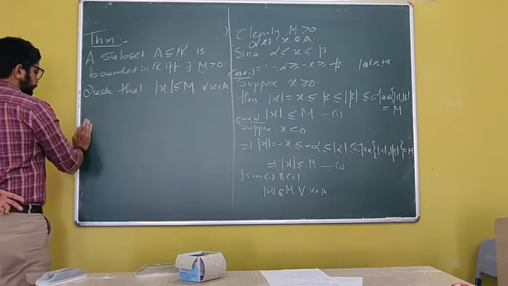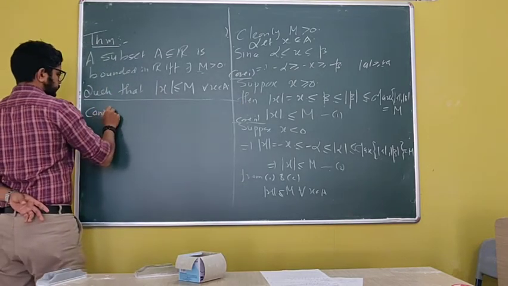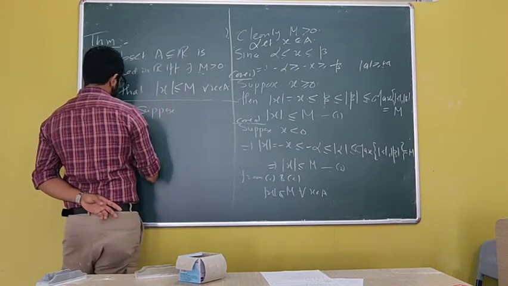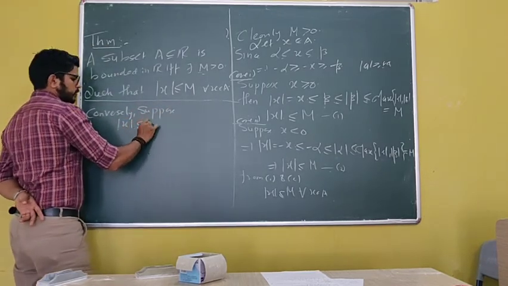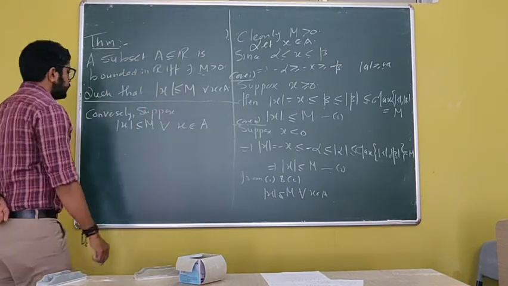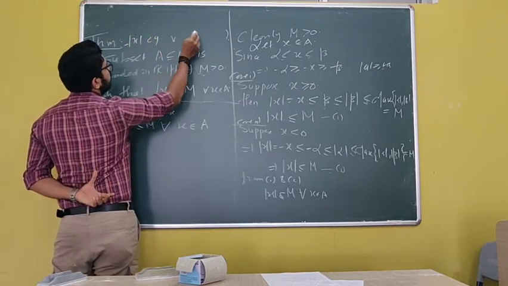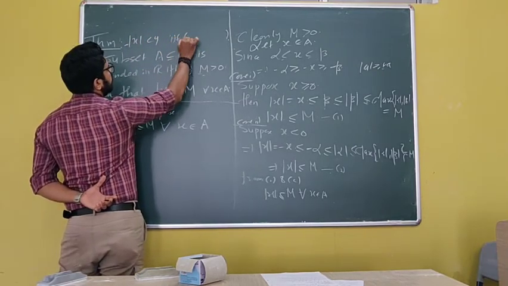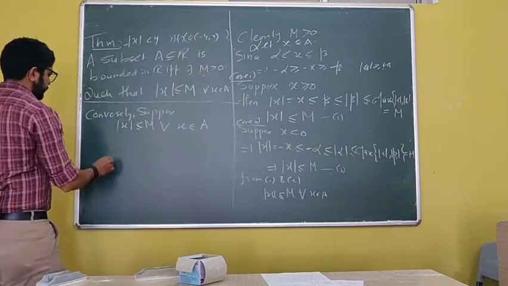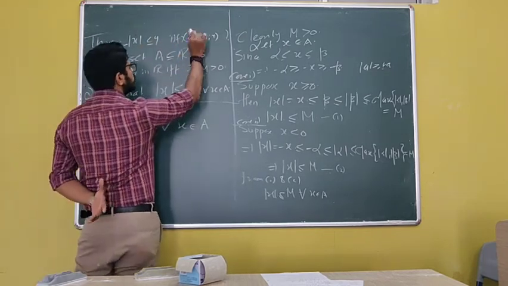Conversely, suppose modulus of x is less than or equal to M for every x in A. By the property I said, if modulus of x is less than y, then x belongs to the interval from minus y to y. So if I put less than or equal to, then this turns into a closed interval.